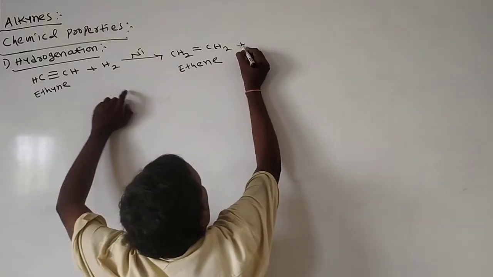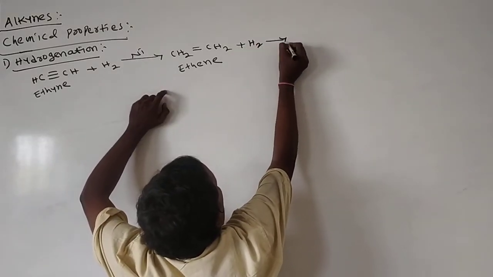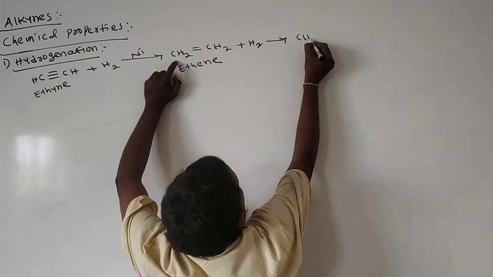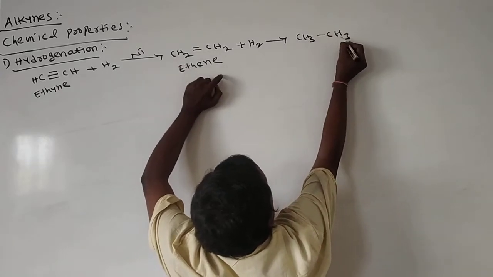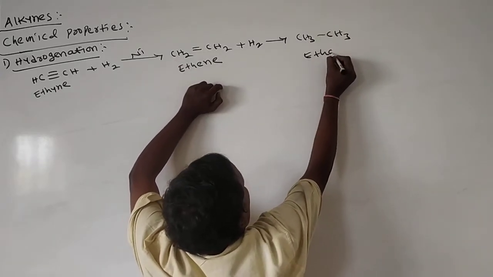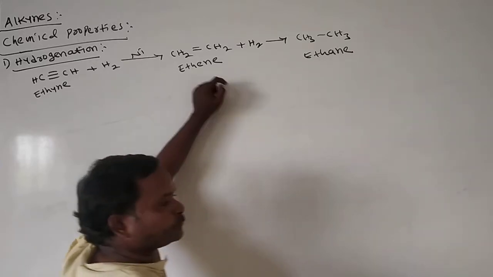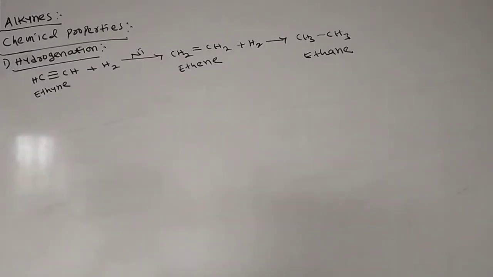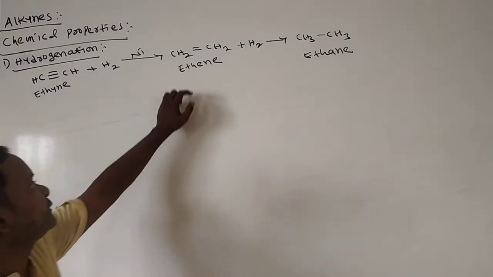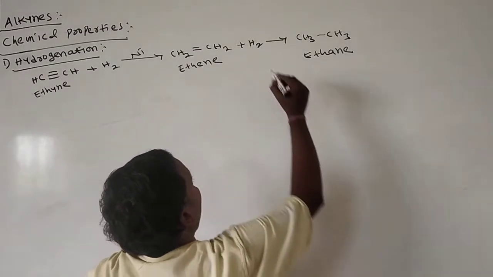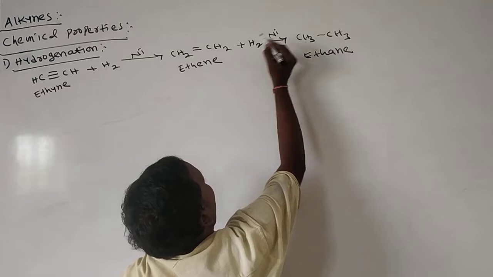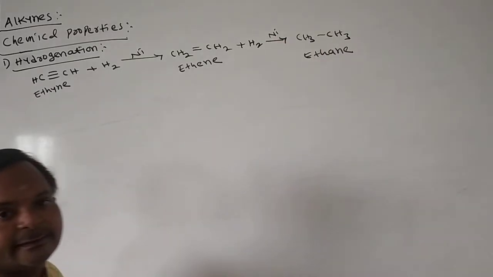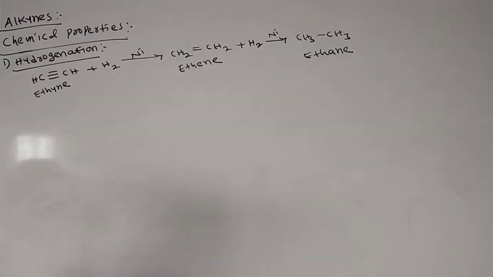Add one more hydrogen here and here, and it forms ethane. The hydrogenation of alkyne gives alkene, and further hydrogenation of alkene gives ethane. This is called hydrogenation.